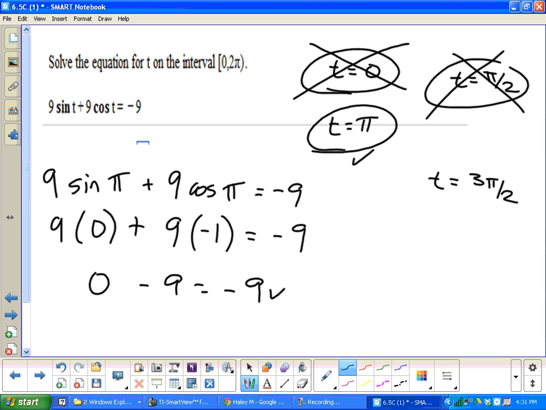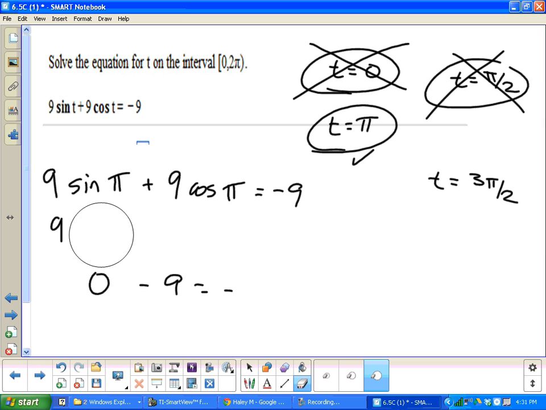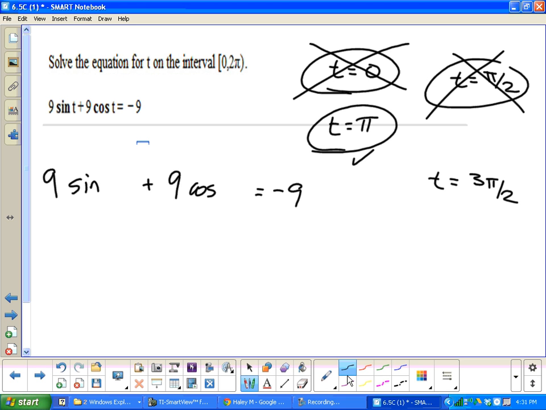So I think 3 pi over 2 is also going to work out. Let's check it and see here. So now let's put in 3 pi over 2. Okay, so let's see.